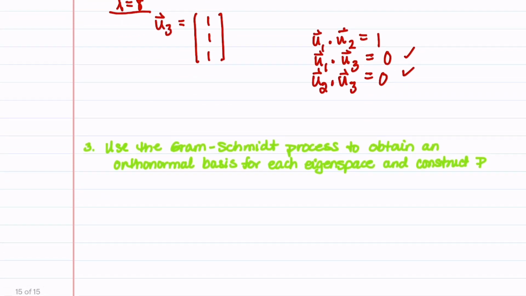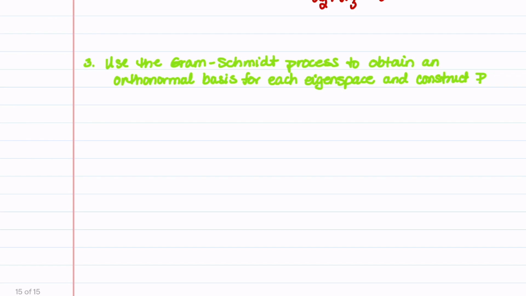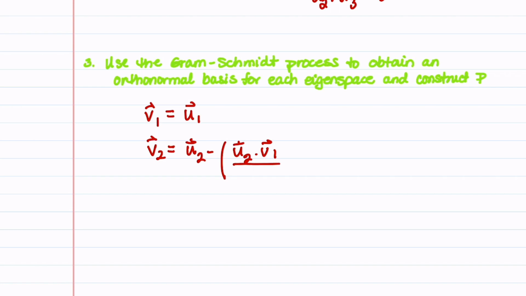And we're going to use the Gram-Schmidt process to do that. We will begin by setting V1 equal to U1, and then we'll find V2. So V2 is U2 minus U2 dotted with V1 divided by V1 dot V1 times V1. You might want to stop the video and do this on your own.